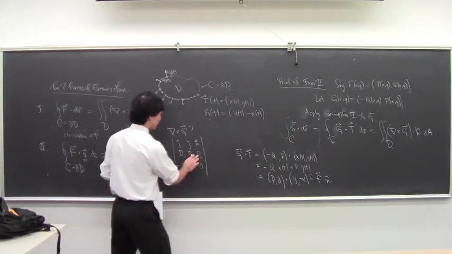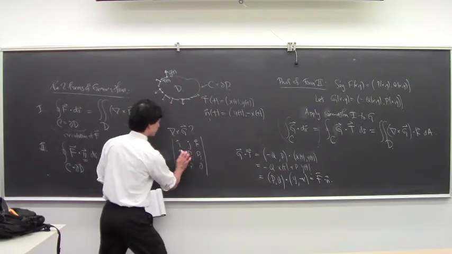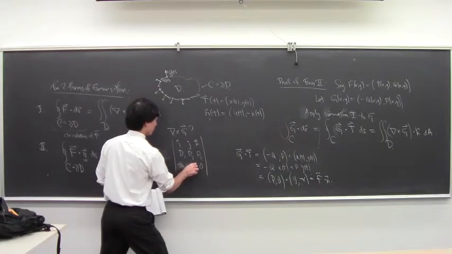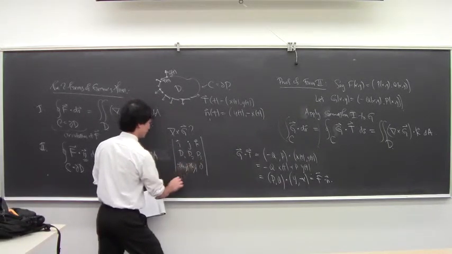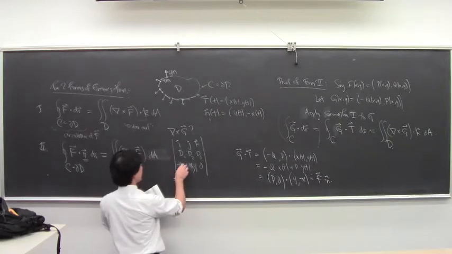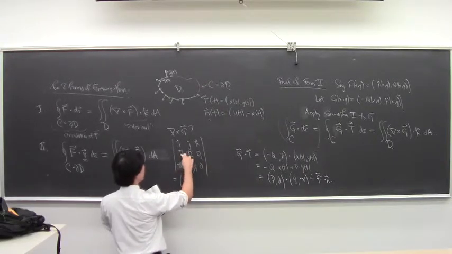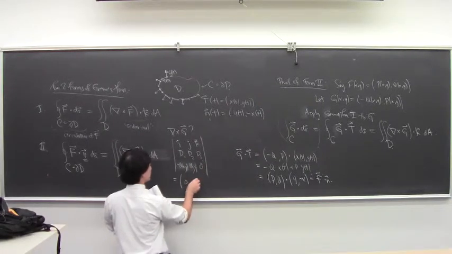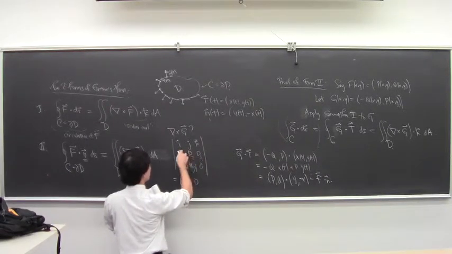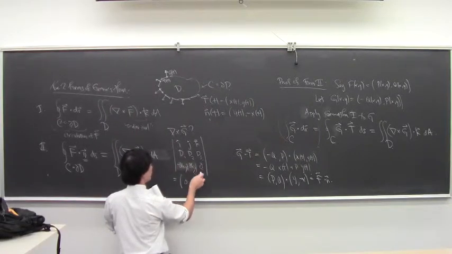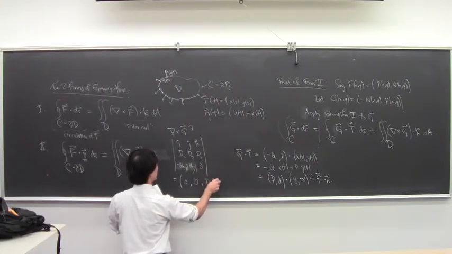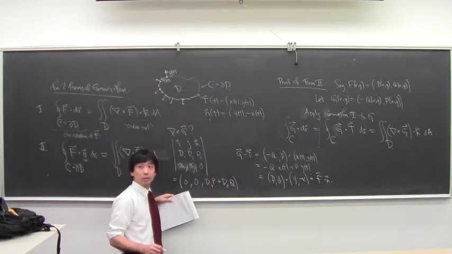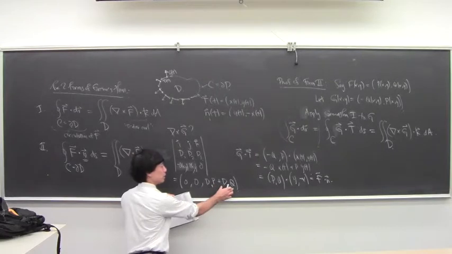You see what you get, right? You get 0 minus 0, and then the last thing you get is d1 of P plus d2 of Q. But what's d1 P plus d2 Q?